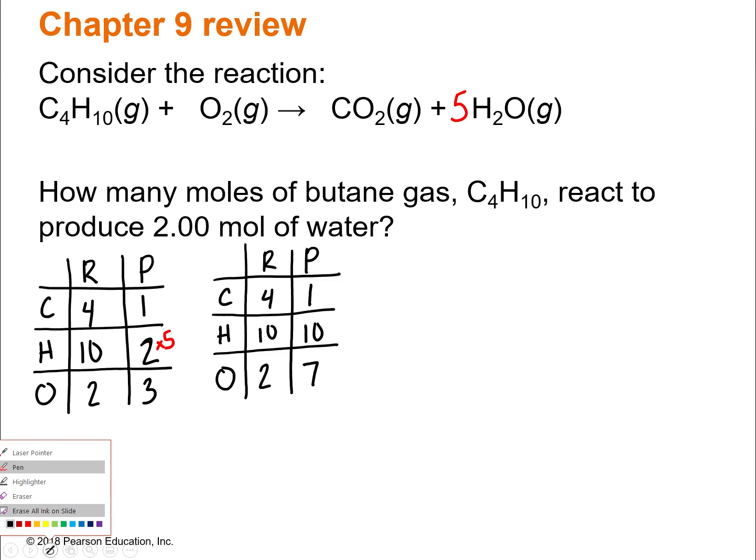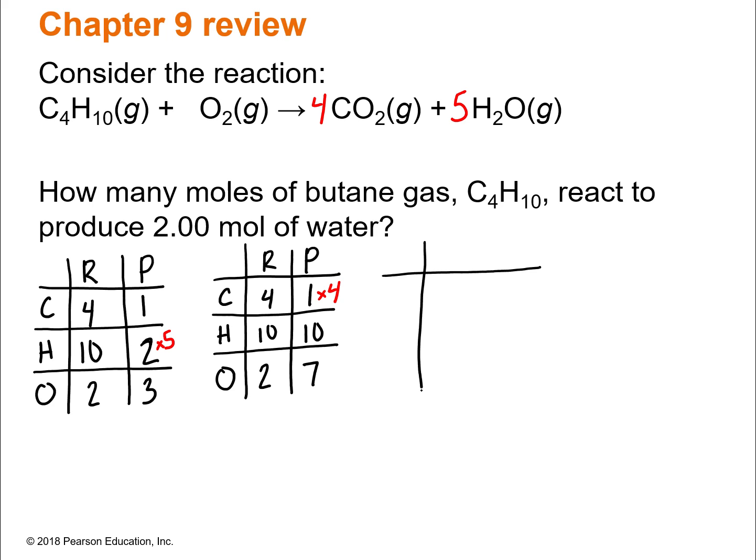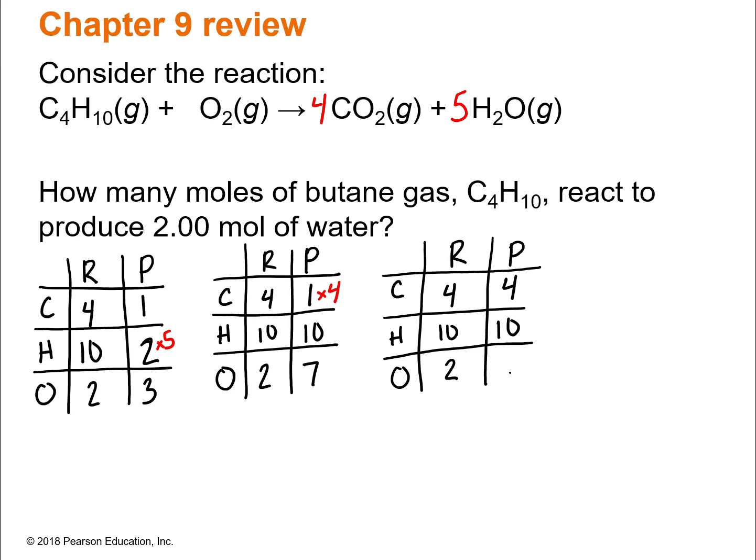So now we're going to balance the carbons. And now we've got 8 plus 5 gives us 13 oxygens. That's an odd number. We have O2.